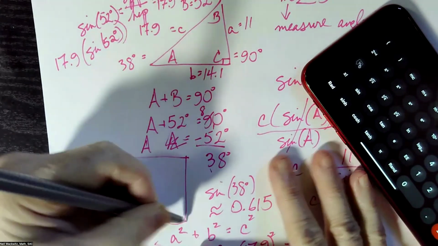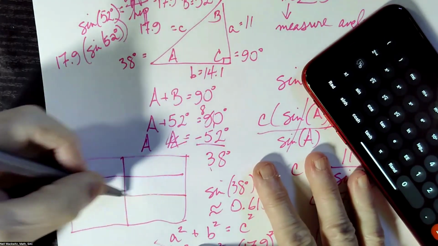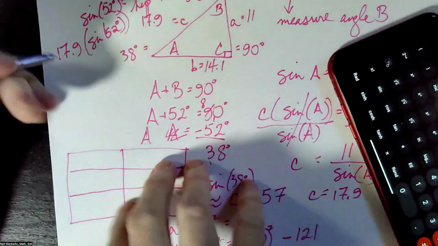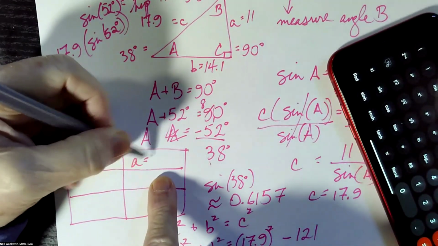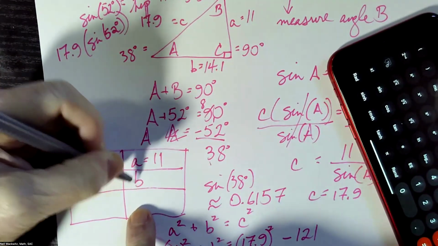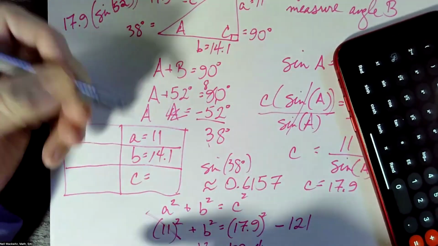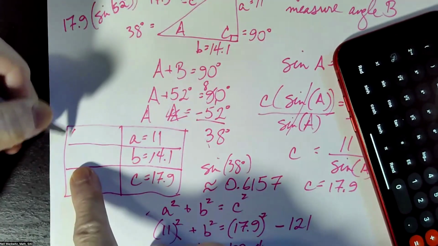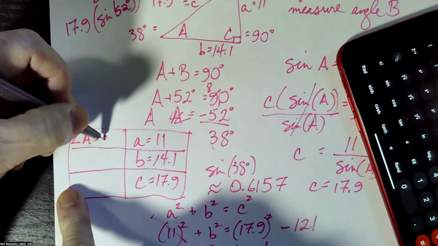And you can see now, perhaps, why we always list all the information in a box at the end. So we've got the sides. A is 11. B is 14.1. C is 17.9. Angle A is 38.